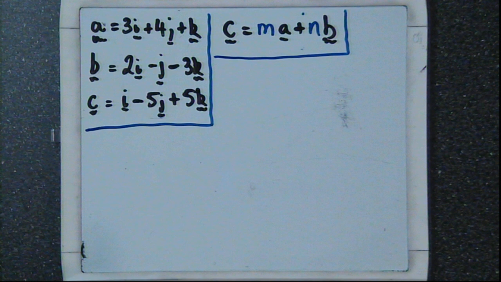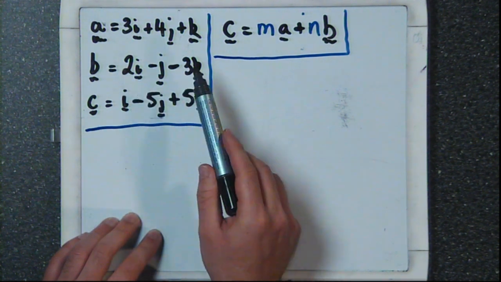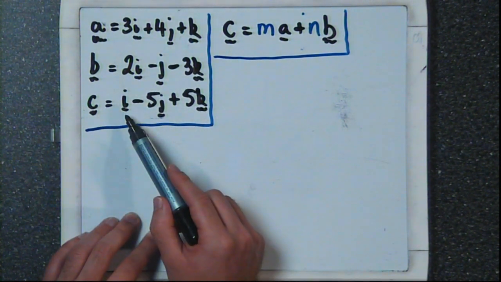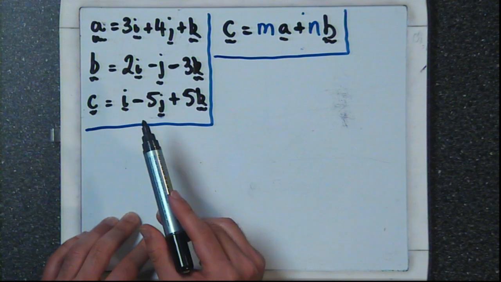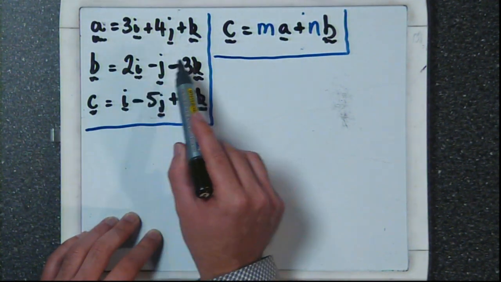For the second example, we're trying to see if these vectors C, A and B are linearly dependent, and if they're not, they're linearly independent. So we set up our equations by equating the coefficients like we did in the previous example. Equation 1: 1 equals 3m plus 2n.